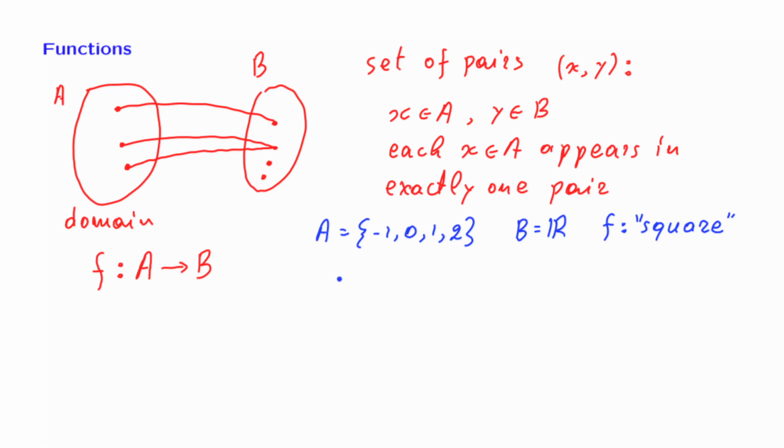Then this function would be represented by the following collection of pairs. So this is the value of x, and this is the corresponding value of y. Any particular x shows up just once in this collection of pairs, but a certain y, for example y equal to 1, shows up twice because minus 1 and plus 1 both map to the same element of B.